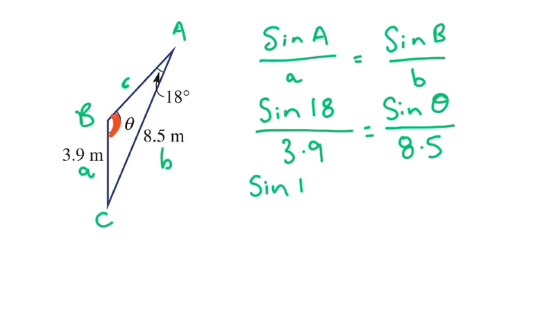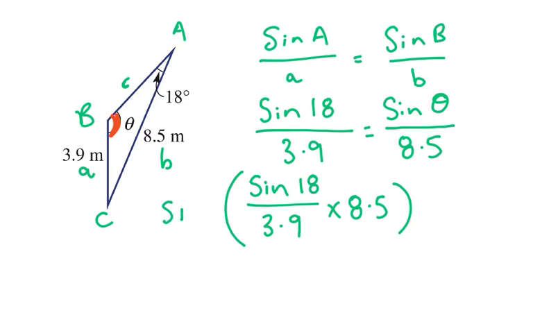So same as the previous example, it's going to be sine 18 divided by 3.9 times by 8.5, and that's all going to be in brackets because I need to get theta on its own, so it's going to be sine minus 1, and that's going to be equal to theta. Now the answer you're going to get for theta is actually going to be the acute angle size.